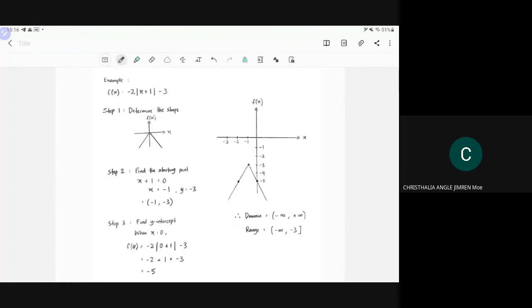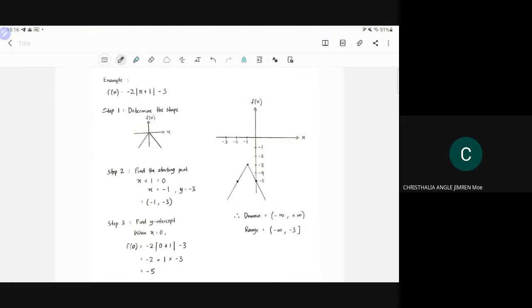To find x, we let the number inside the modulus equal to 0. So, x plus 1 equal to 0, which means x is equal to negative 1. To find y, as we know, y is equal to k. So that means y is equal to negative 3. So the starting point is negative 1, negative 3.